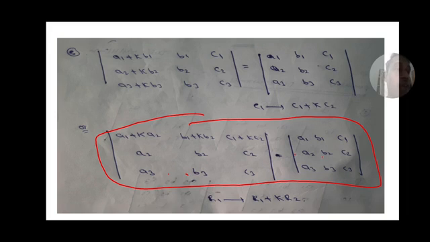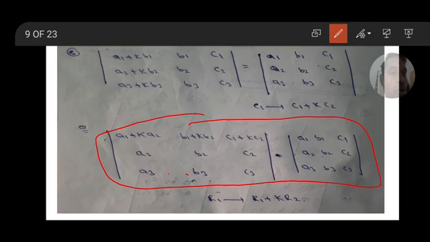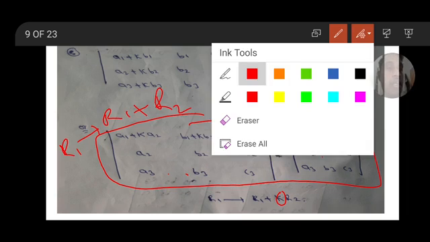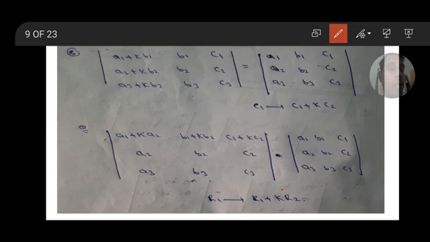If you take k equal to 1, it will come R1 equal to R1 plus R2, meaning if you add any two rows, then the determinant does not change. If you take k equal to minus 1, then R1 implies R1 minus R2, meaning the difference of two rows, then the determinant does not change.